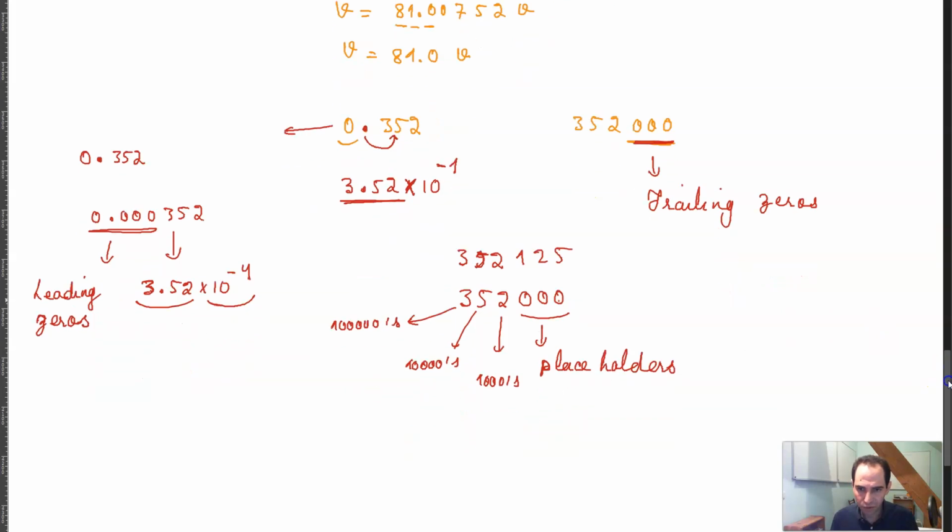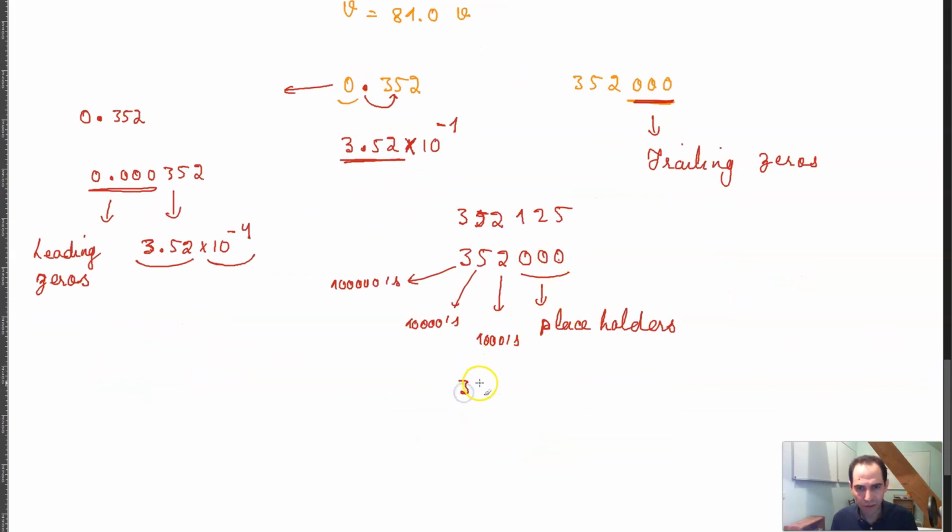Now, if these zeros were not there, and if you were to write this as just 352, then of course the number would not have the same value. This 2 would be in the ones place, this 5 would be in the tens place, and the 3 would be in the hundreds place, and of course that would not be the same number of people. Meaning that you could write this number as 352 times 1,000, or 352 into 10 raised to the power 3.